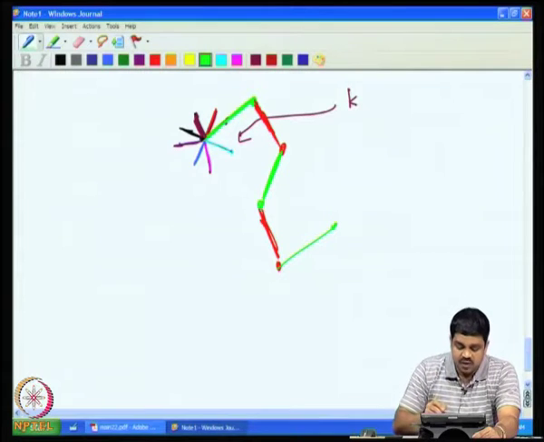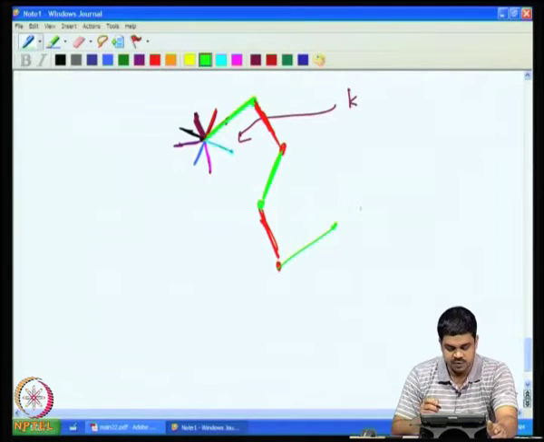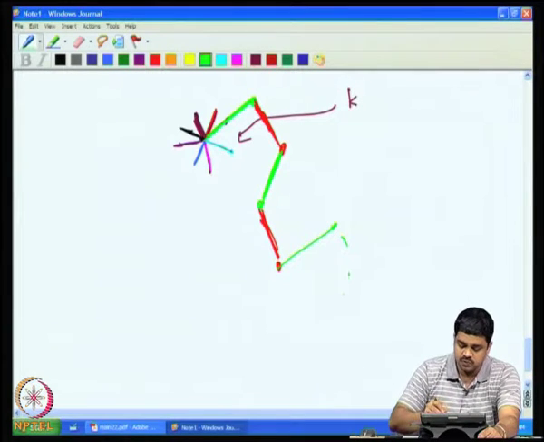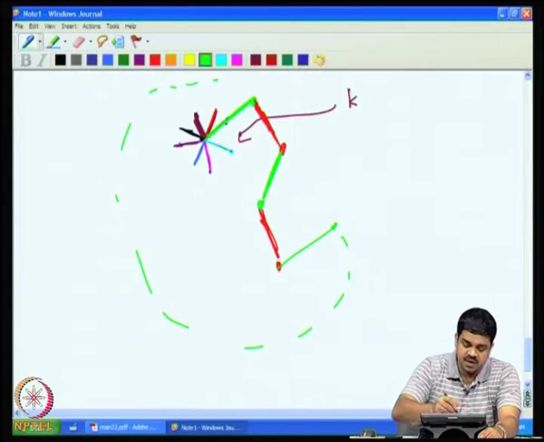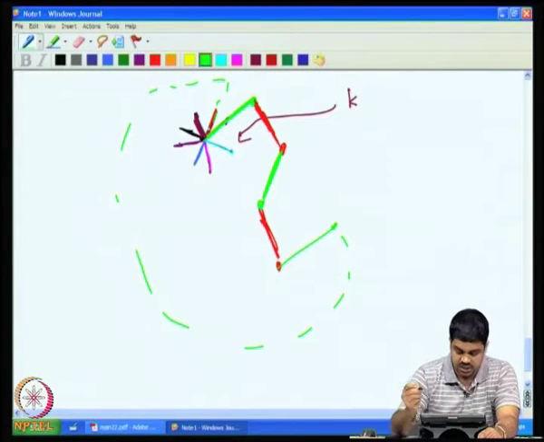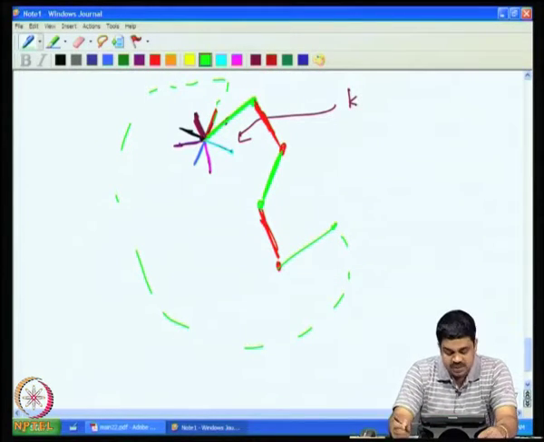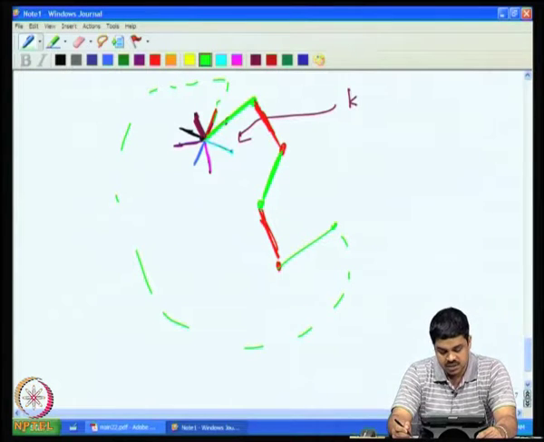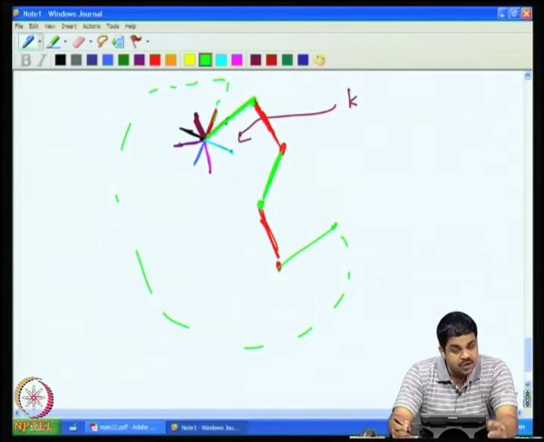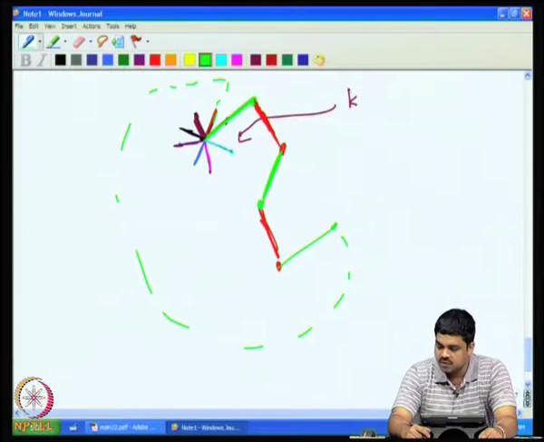Now, how will you stop, because the graph is finite and it has to stop somewhere? The only way is to form cycles. So you come back here and you have to enter through this red edge, right. That means there should be a red-green cycle. Any two colors you take, we should get a cycle using those two types of colors.